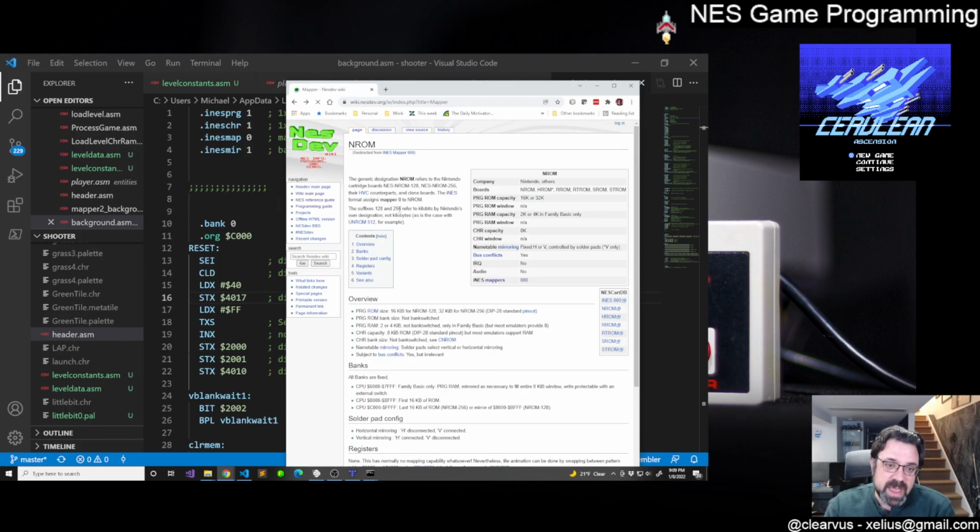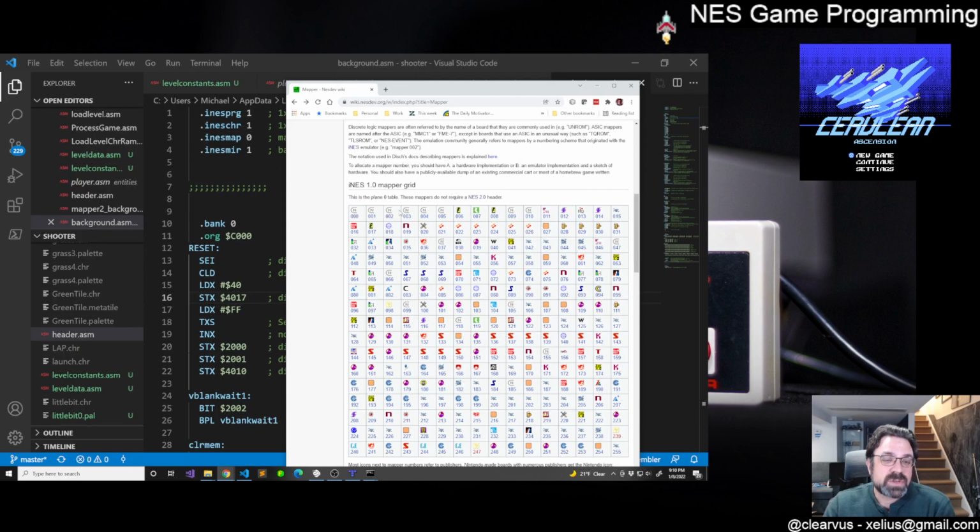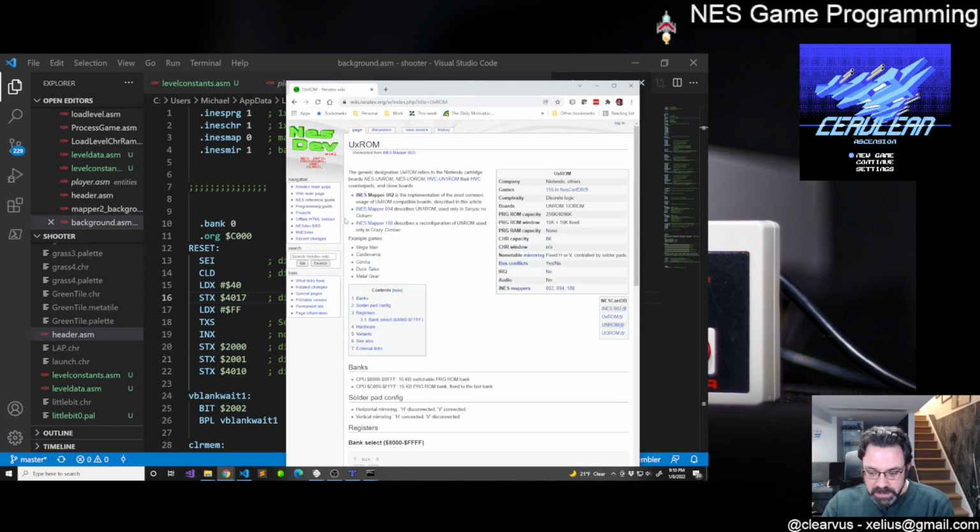So there are these other mappers that let you address additional storage by doing all sorts of clever tricks, including Mapper 2, which gives you the ability to address quite a bit more storage, say 256K to 4 megabytes.